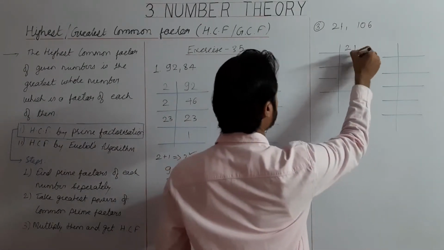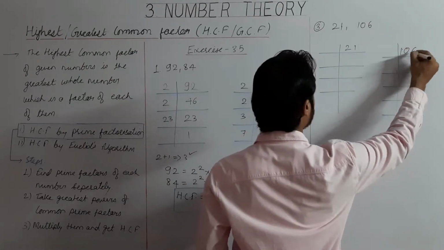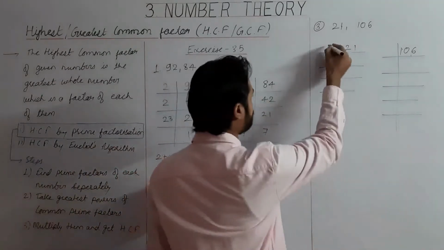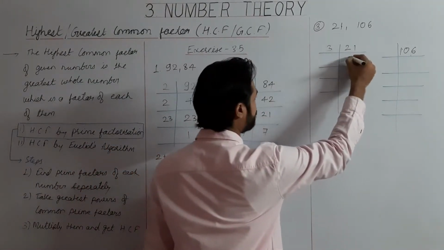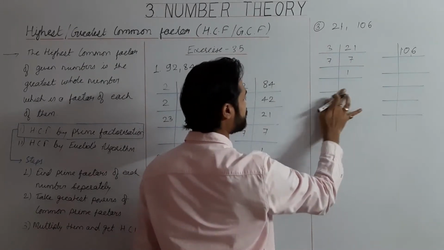First number 21, second number 106. 21 is an odd number, and we know that 21 is divisible by 3. We will get 7. 7 is a prime number, so we will get 1.